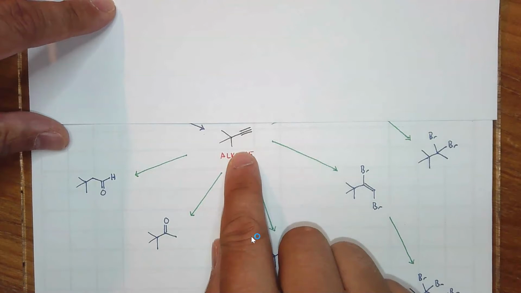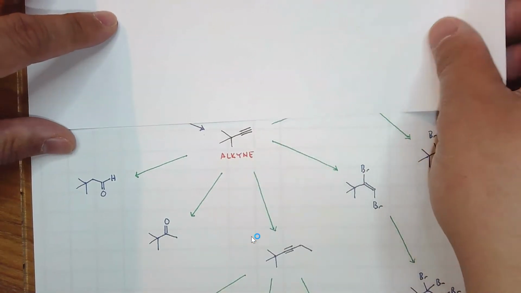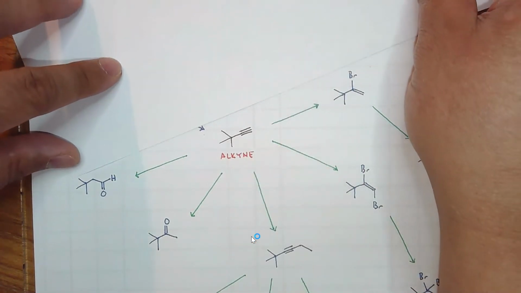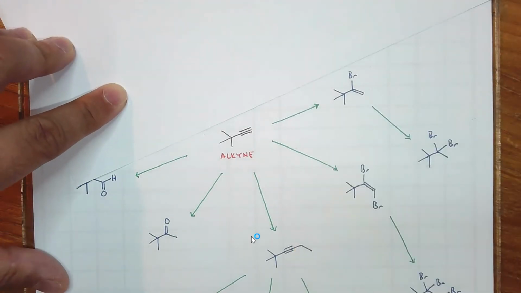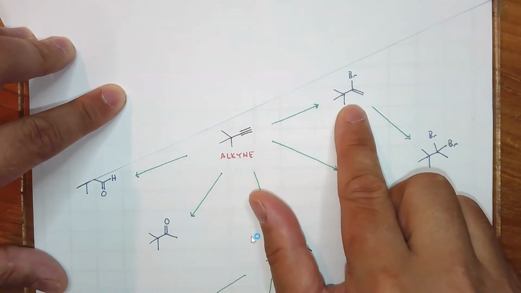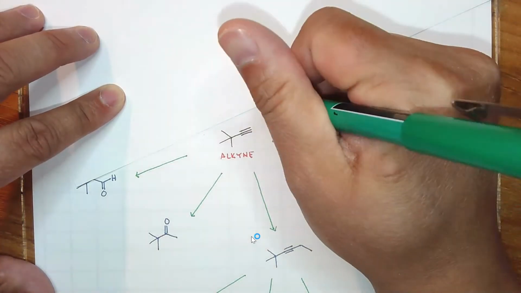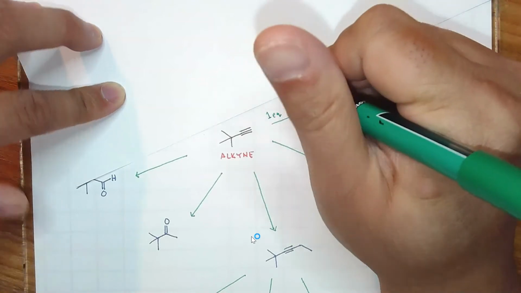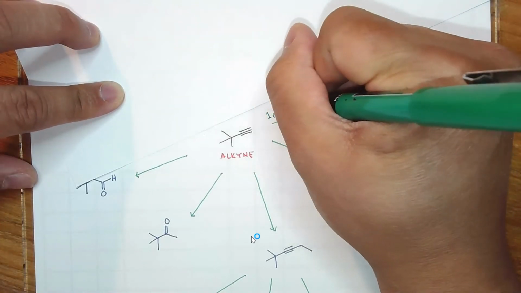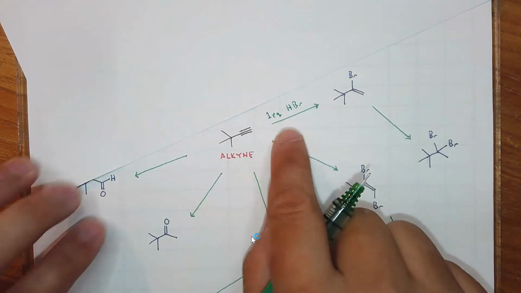And we're starting with this terminal alkyne, and the first reaction that I would teach in using an alkyne is making this alkene halide. What we want to use is one equivalent of HBr. Your professor may or may not put one equivalent.